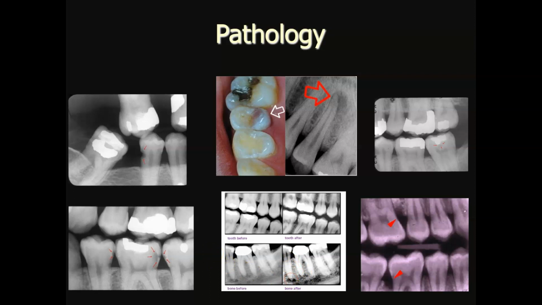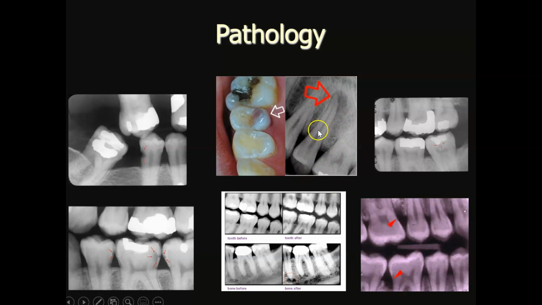What I want to point out to you is whether it's decay or caries or cavity, depending on the term you want to use. Okay, you've got caries or cavity here, here, and here. That just means that part of the tooth structure is gone and a cavity has formed. You've got bone loss here, which means you're starting to get periodontal disease, and you could end up losing the tooth because you're losing that supportive bone.